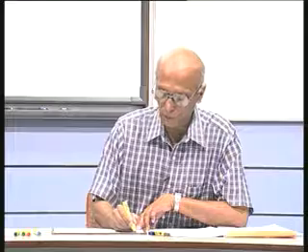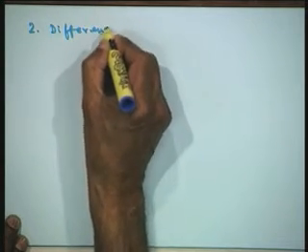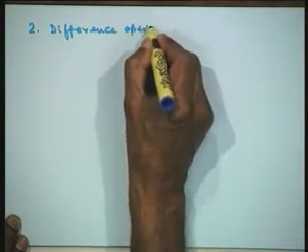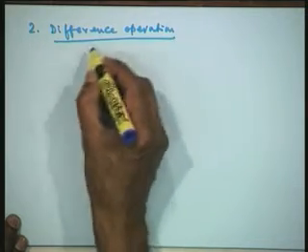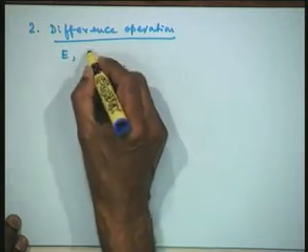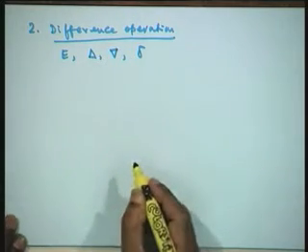The formulas that we have derived so far can also be derived alternatively by using the difference operators. If you remember, we have defined mainly the operators E, the shift operator, forward difference, backward difference, and central difference.